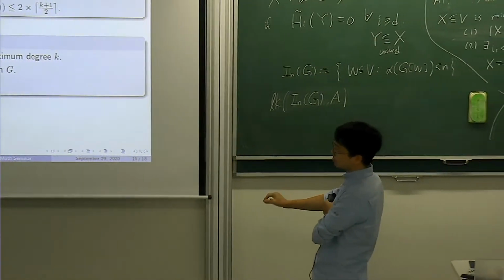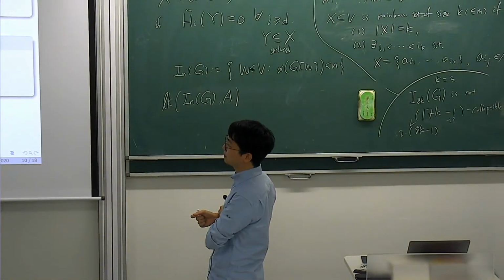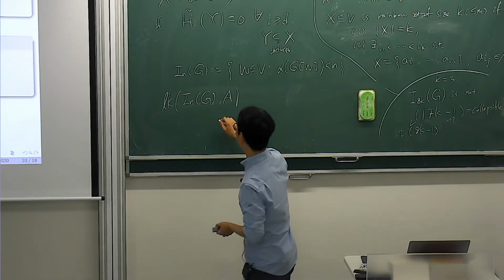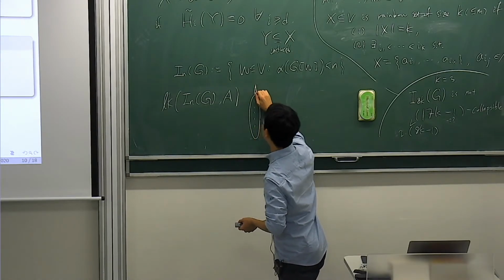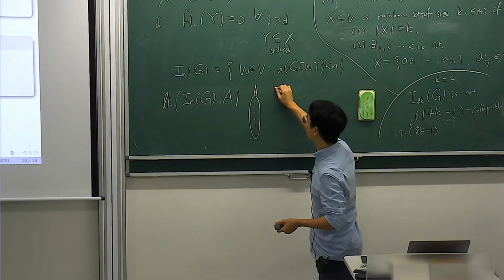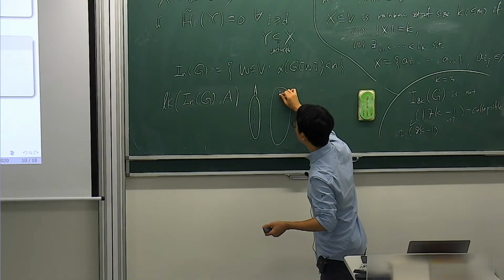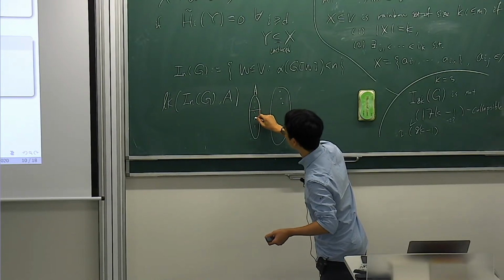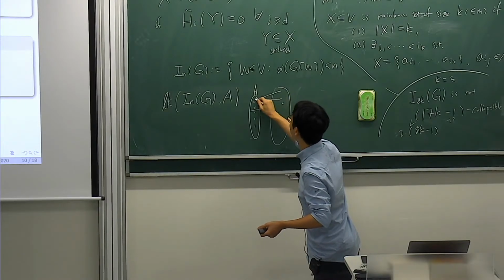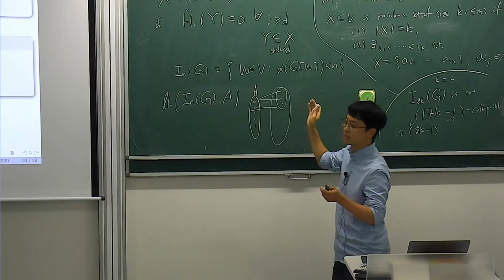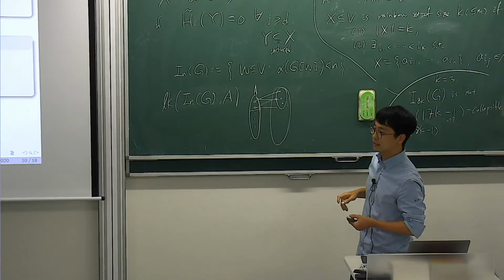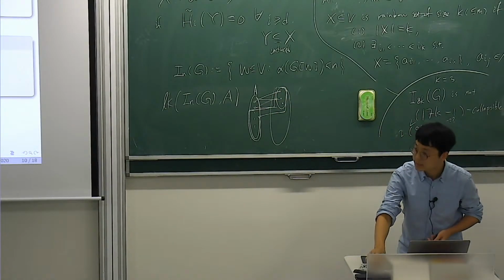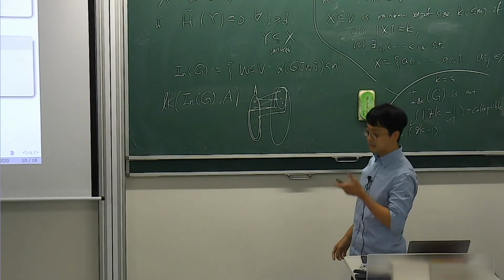It's a complex on neighbors, but the neighborhood itself may have an independent set of size bigger. For example, if this is my independent set of size n minus 1, and we look at its neighbors, but there are 3 vertices that are not adjacent to these vertices but only connected to these 2 vertices, then this triple is not living in the link. I see, because then together with this, they will form an independent set of size n.